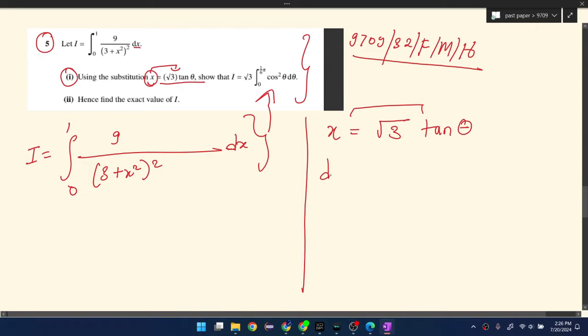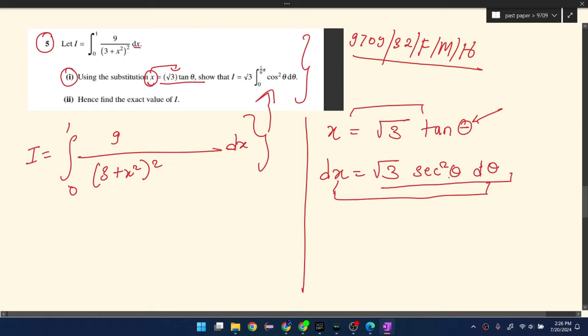We get dx is equal to the differentiation of root 3 into tan theta. Root 3 is a constant, so we can just exclude it. Differentiation of tan theta is sec squared theta, and differentiation of theta is d theta. So using the chain rule, we have dx is equal to root 3 sec squared theta d theta.